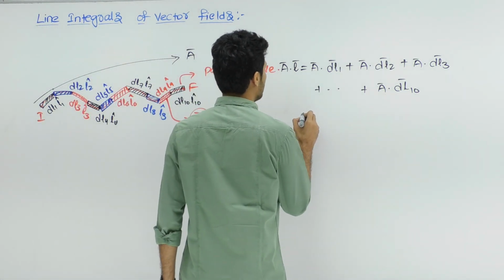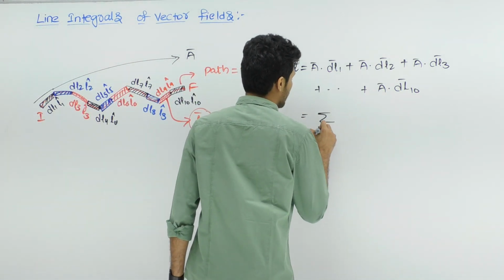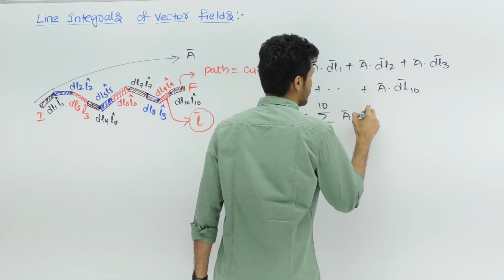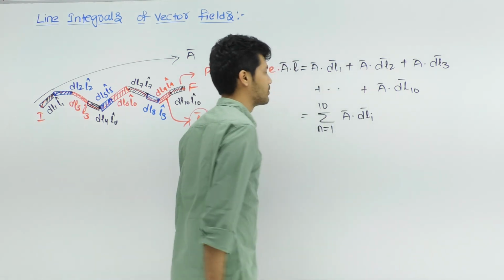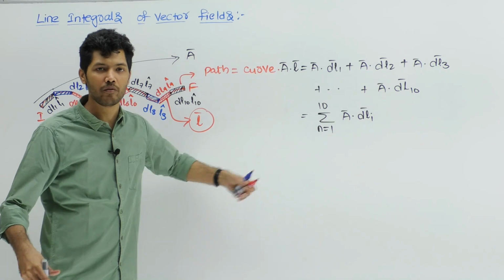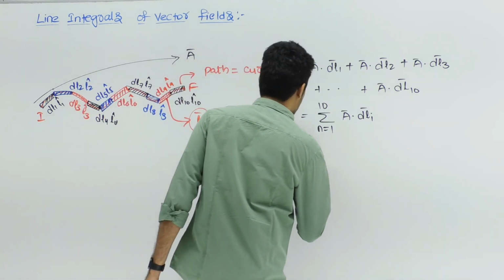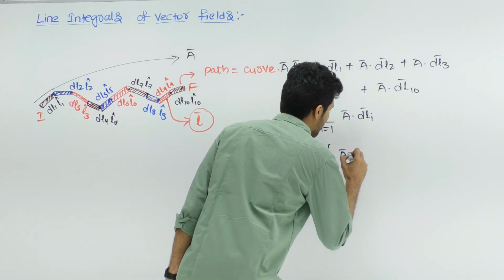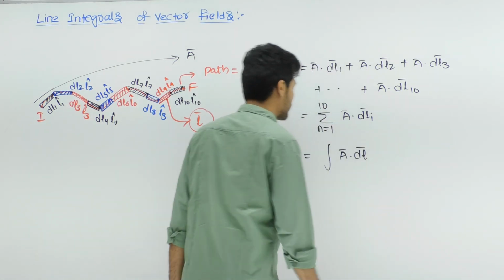Now finally, I can write this as the summation, sigma n equal to 1 to 10, of A bar dot dl bar i. And whenever n tends to infinity, this summation becomes equal to integration. Integration of A bar dot dl bar.